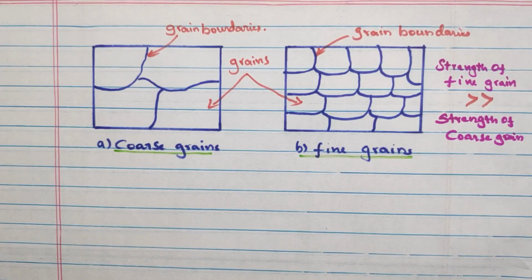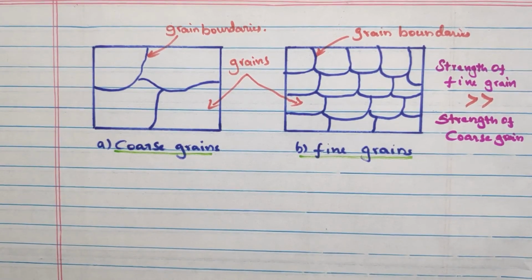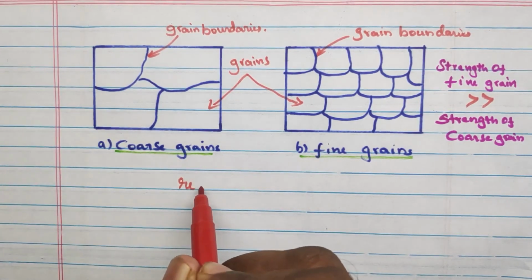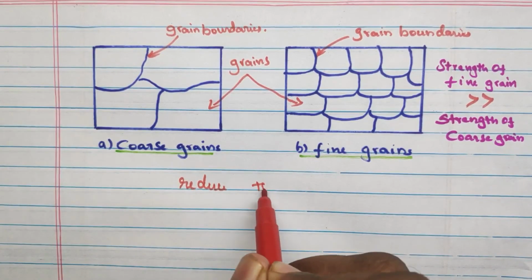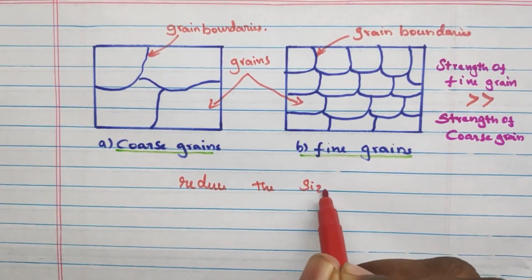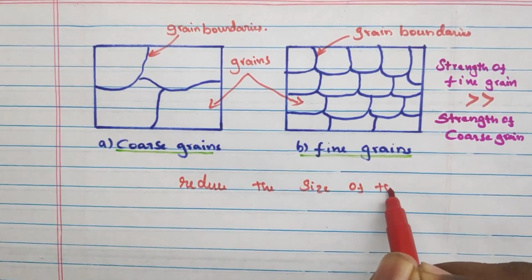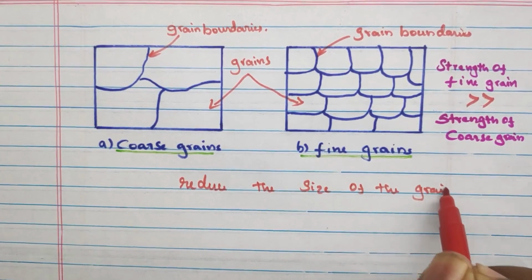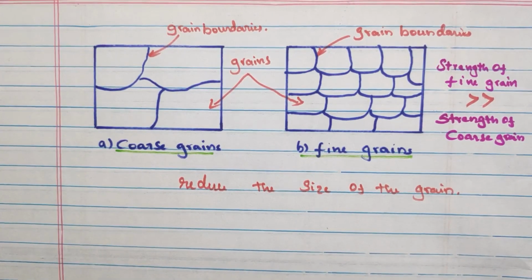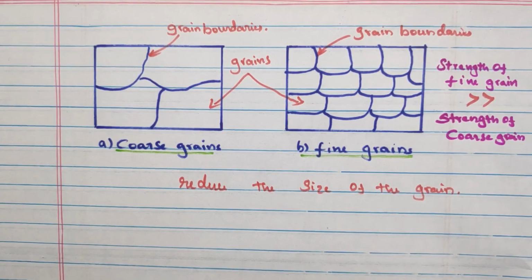Therefore in material science, in order to strengthen materials, they reduce the size of the grains. The process of reducing the size of the grains inside the material is known as refinement of grain size.